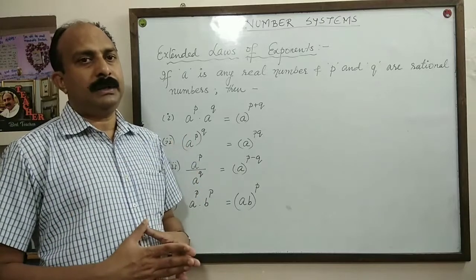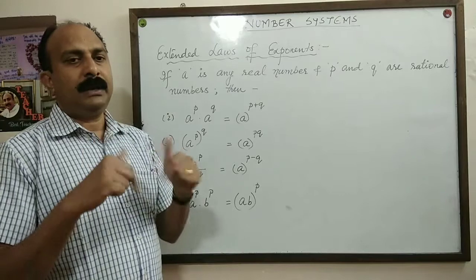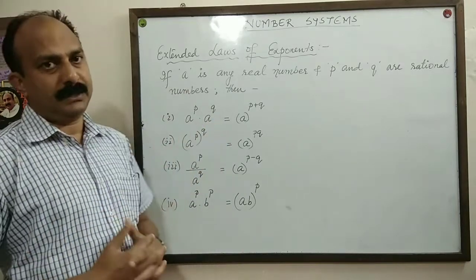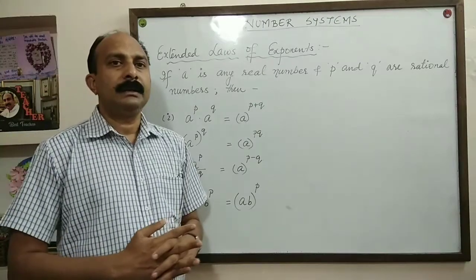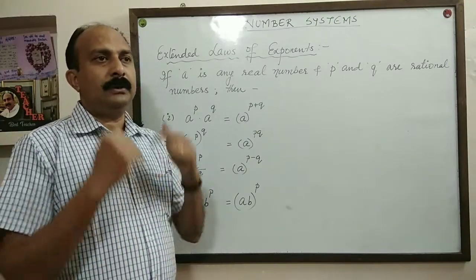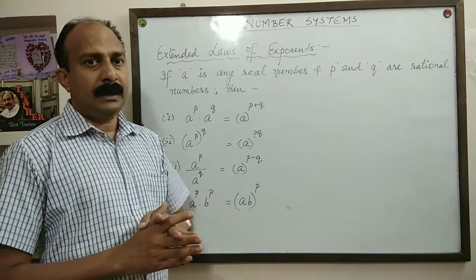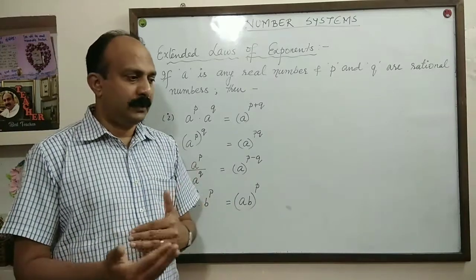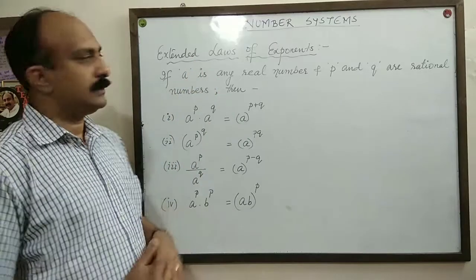Now we are going to study the same laws of exponents when the powers or exponents are rational numbers. In the previous class you might have studied the exponential law when the exponents are integers. Now we are going to study the same laws when the powers are rational numbers.